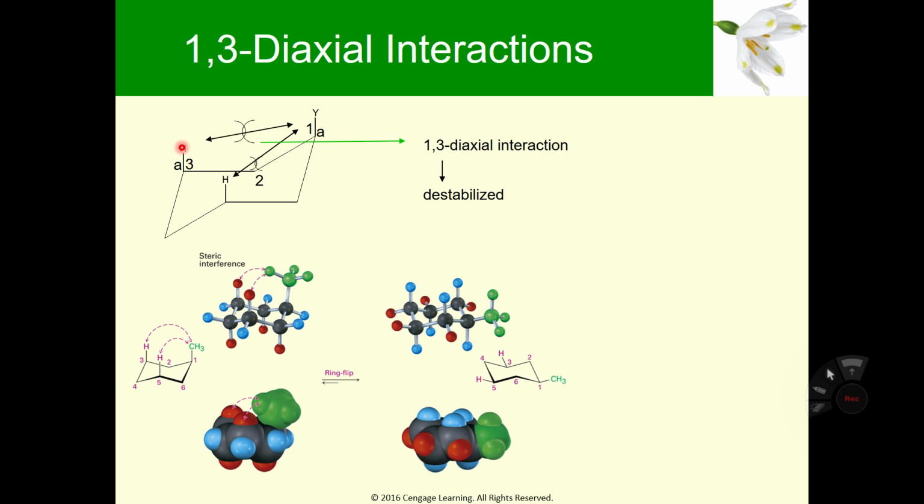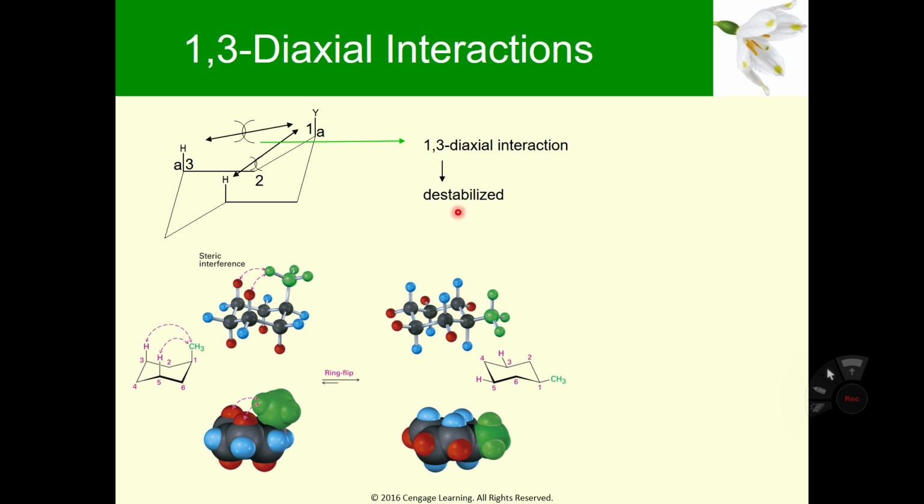Then we call the interaction between axial H and axial Y a 1,3 diaxial interaction, right? The reason we consider 1,3 diaxial interaction is because they are sterically hindered, and they give the steric strain.